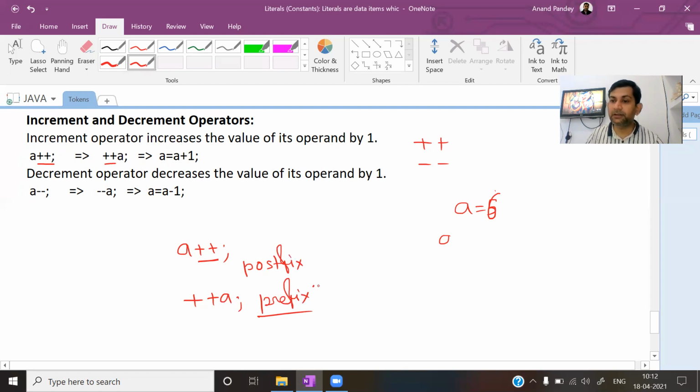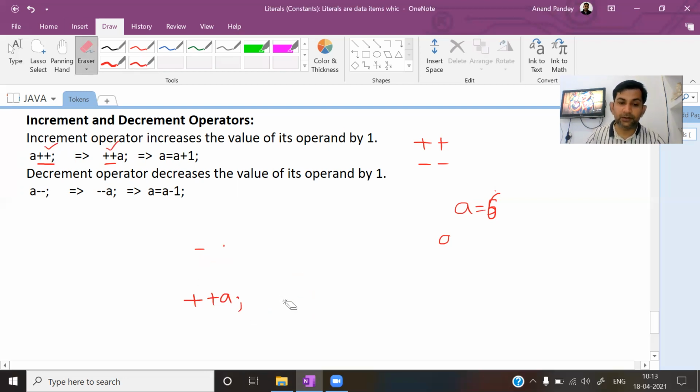So first difference, their names, obvious. So in prefix and postfix, if we are writing after the operand, this is postfix increment operator, and if you are writing before the operand, it is called prefix increment operator. This is the first difference.